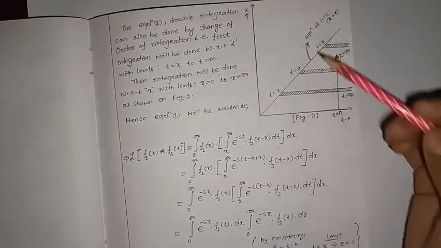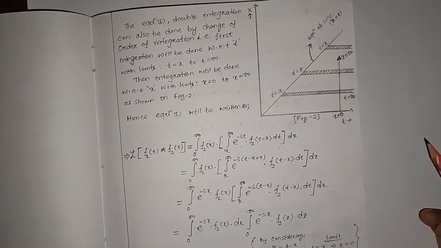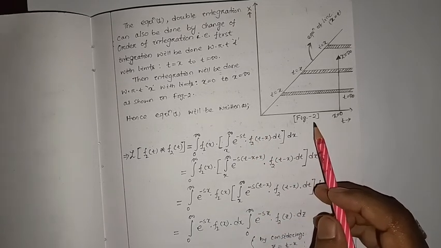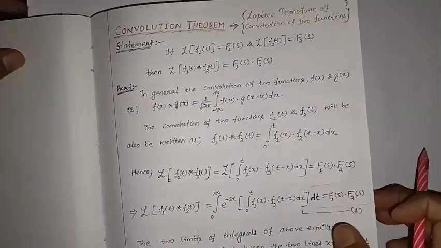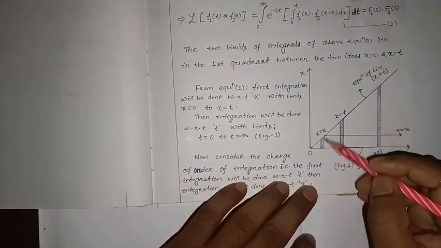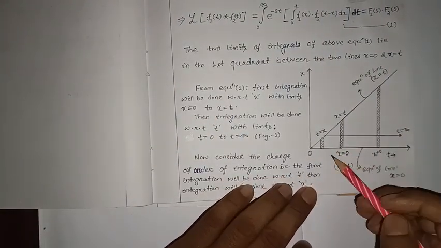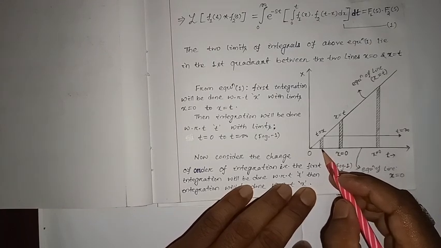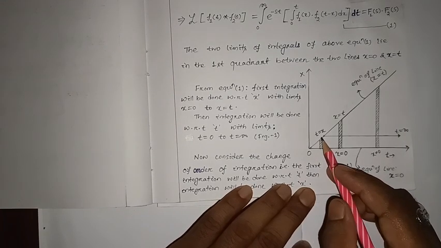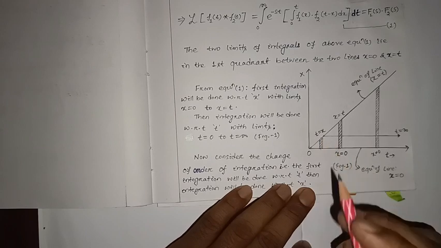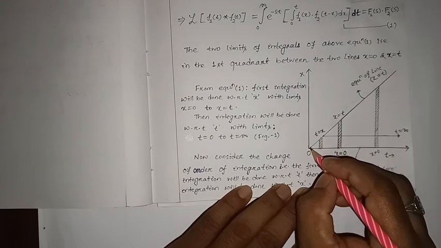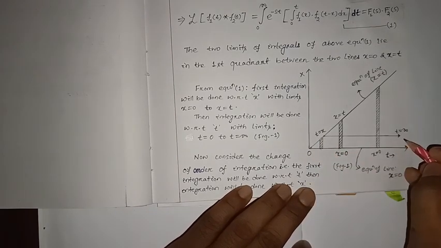First I am going to explain this figure, then we are going to go for the derivations. So this is your figure 2. Here you can see in our figure 1 we considered vertical strips. Vertical strips mean lower limit x equal to 0, upper limit x equal to t, with t varying from 0 extended to infinity.